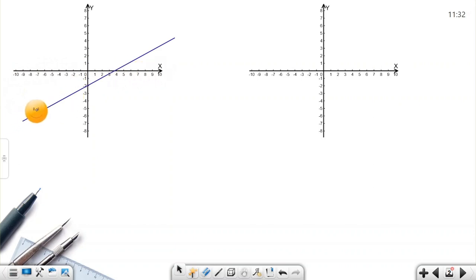On this line, when your x is increasing, your y is also increasing upward. So the x value and y value increase together, and that's called a positive slope.